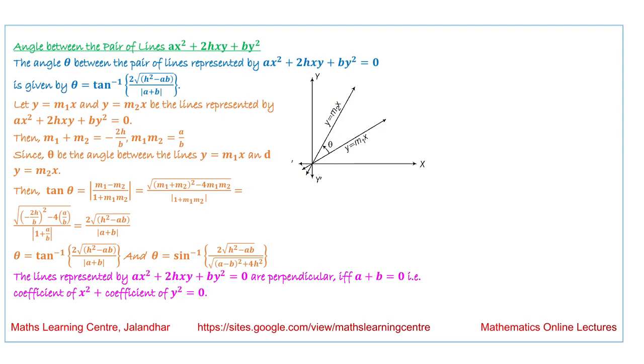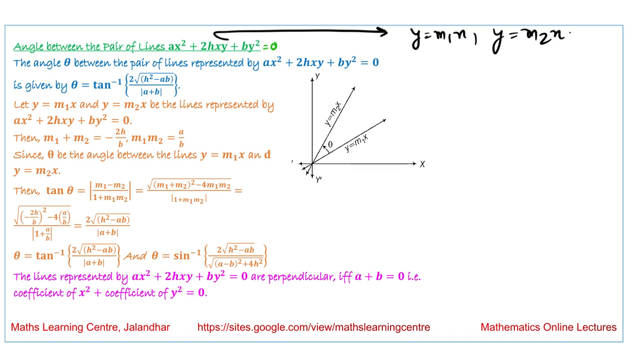Next we have the angle between the pair of lines ax square plus 2hxy plus by square is equal to 0. So again, the lines corresponding to this joint equation are y is equal to m1x and y is equal to m2x.